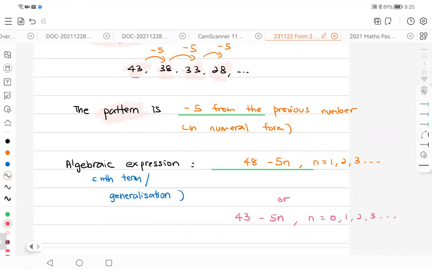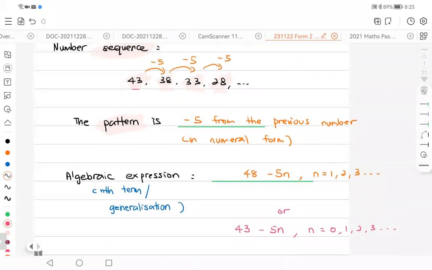If you want to use 43, then you have to let n start with 0. If you use the formula, then you let n equal to 1. If you ask which one is better, I would say the formula is better, because later in Form 4 and Form 5, we'll learn this in additional maths. That is how we create the formula.